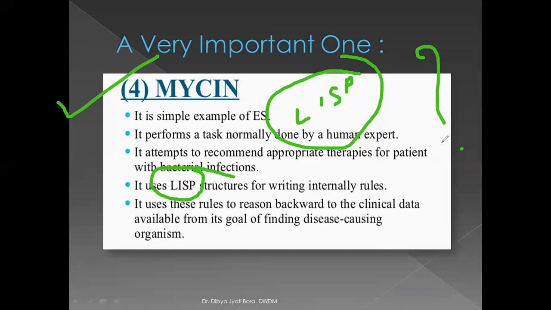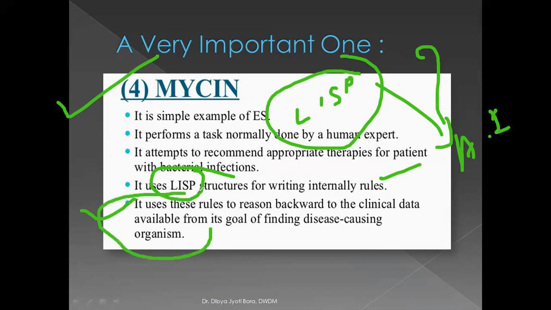LISP is for list programming, a very important part of artificial intelligence. This machine uses list structures for writing rules internally, and these rules are used to reason backward from the clinical data available to its goal of finding the disease-causing organism.